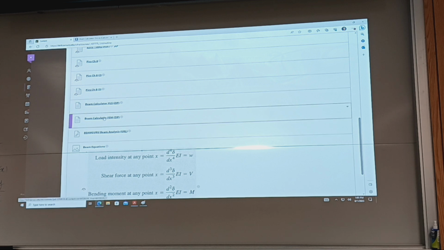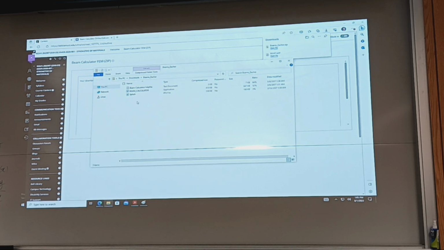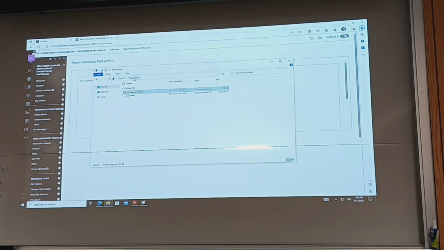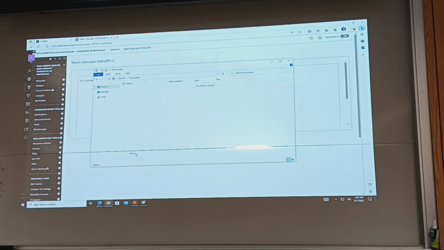There is a beam calculator, and this beam I'm verifying right now. If I copy, edit, copy, and go to downloads, this PC, documents, and I say paste.